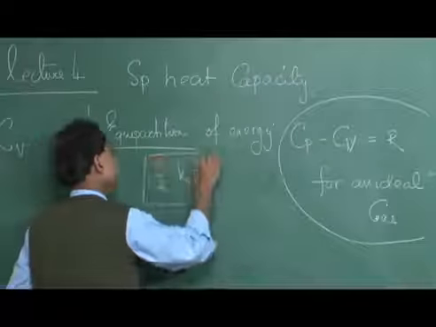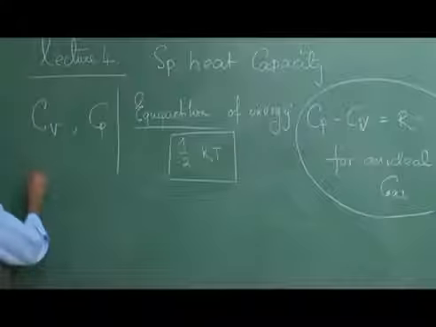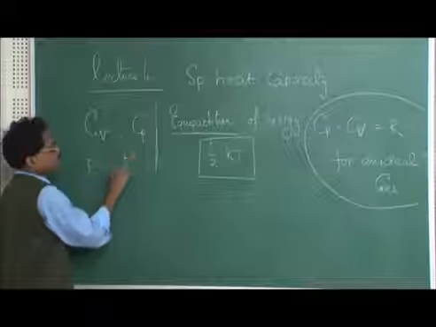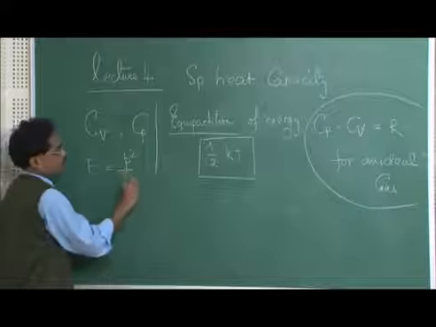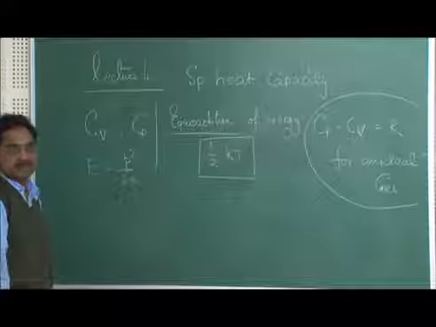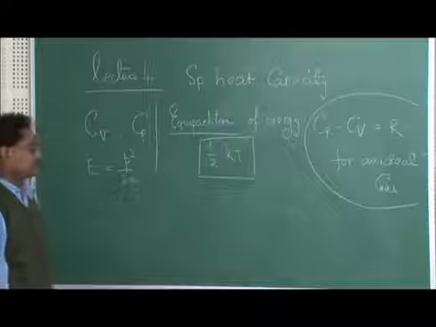This is called equipartition theorem. What is important? Energy is equal to p square over 2m. So, this quadratic form of energy is very important in having this form of half kT.